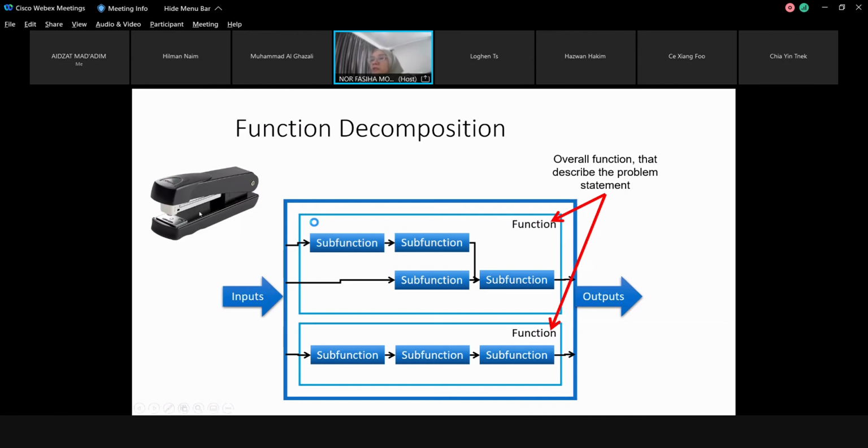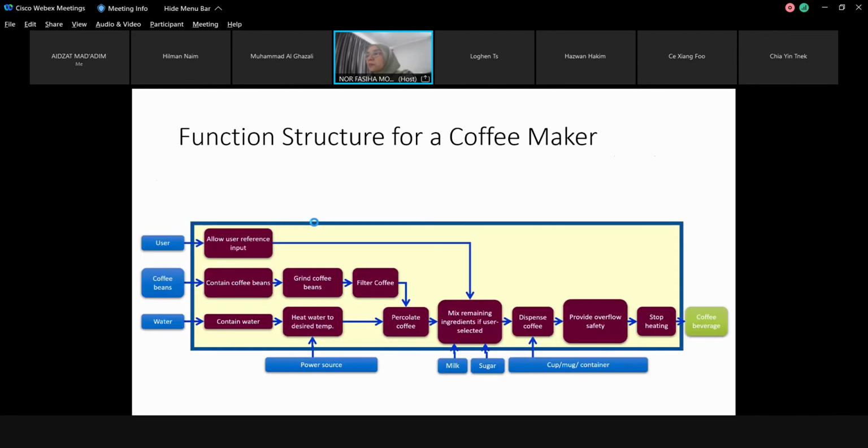If we go deeper, we know we have to press here, and this pushes one slice of staples, and then something here bends the staples, and so on. Those are the sub-functions inside. Understand? Please interrupt me if you have any question. Okay, this is an example.